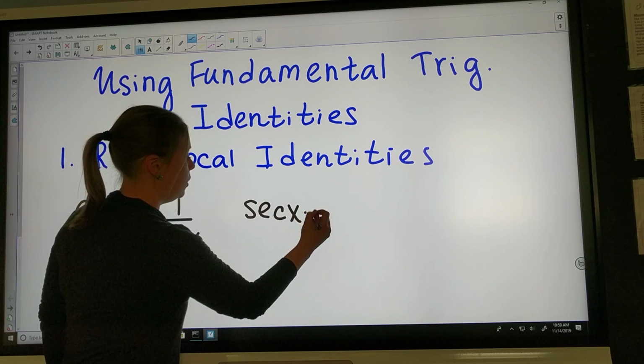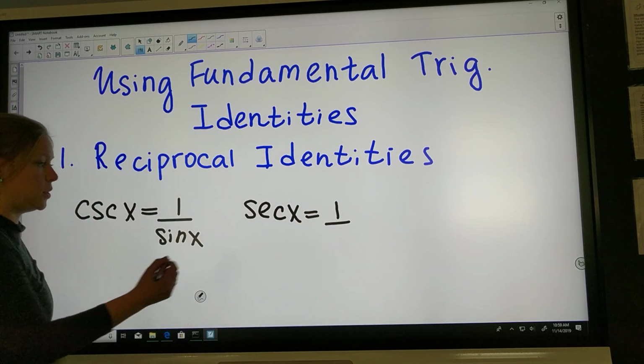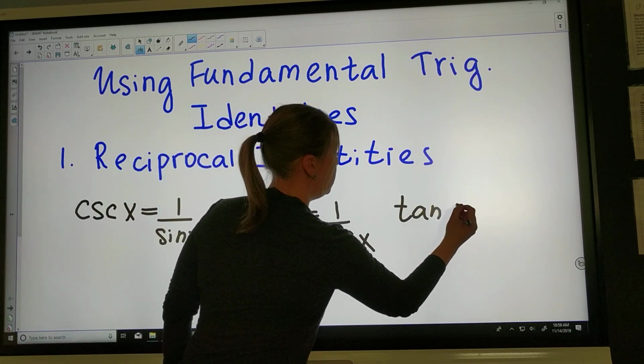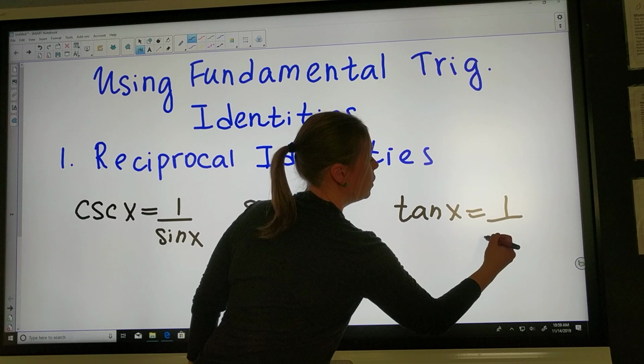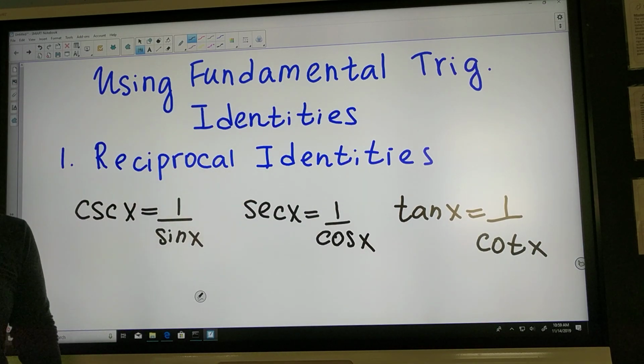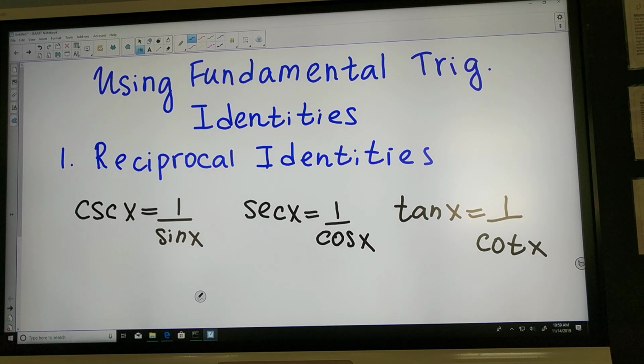Secant is 1 over cosine. And tangent is 1 over cotangent. Those are called reciprocal identities. If you don't know the name of this, it's totally fine, but you should know how they look.